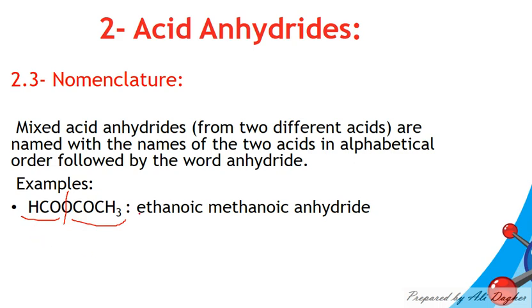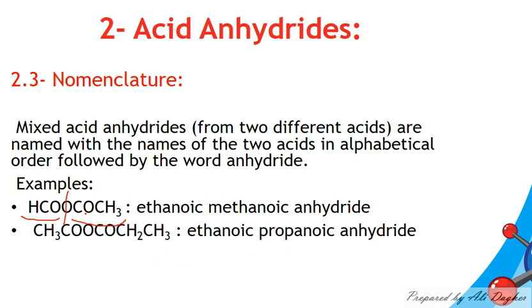E is in alphabetical order before M, then ethanoic before methanoic, and we add anhydride. The name is ethanoic methanoic anhydride. This example is formed of ethanoic acid and propanoic acid, formed of 3 carbons. E before P, then ethanoic propanoic anhydride.